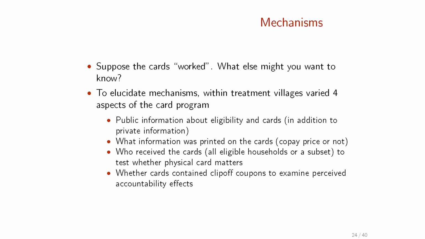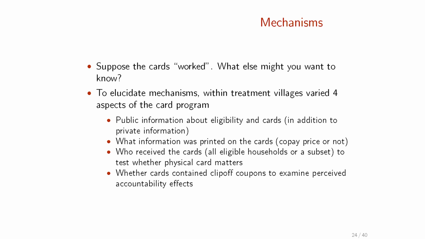You might want to know whether it's the information that's on the card, whether more information would make it work better, whether people pay attention to what's on the card, whether the physical card is important or a list published in the village is sufficient, and whether there's going to be an accountability effect. Now that there is a card, the village officials feel that they could go to jail if they cheat, because they think that there is accountability. So can you increase this sense of accountability? All of these questions you might want to ask.